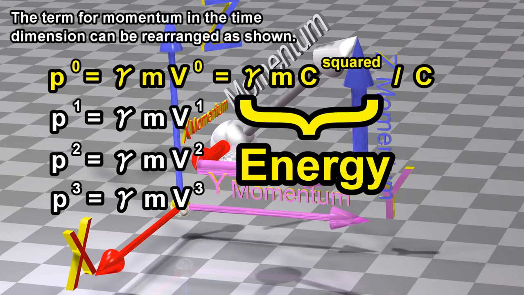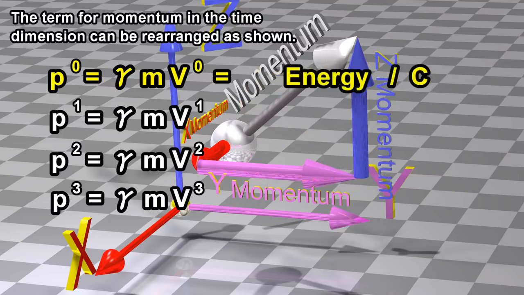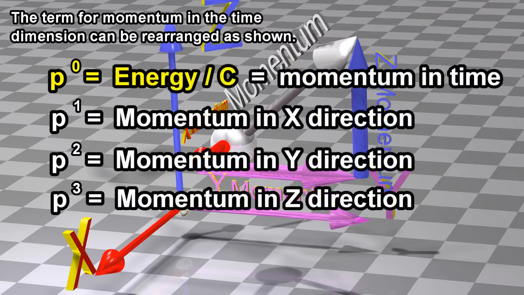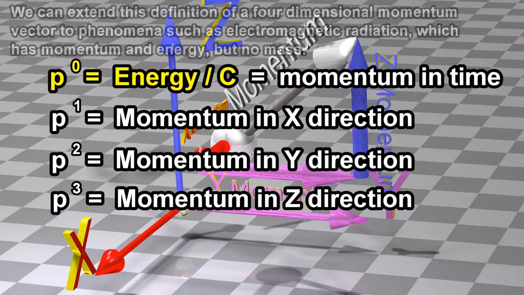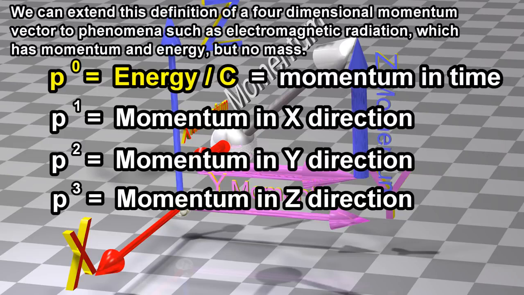The term for momentum in the time dimension can be rearranged as shown. We can extend this definition of a 4-dimensional momentum vector to phenomena such as electromagnetic radiation, which has momentum and energy but no mass.